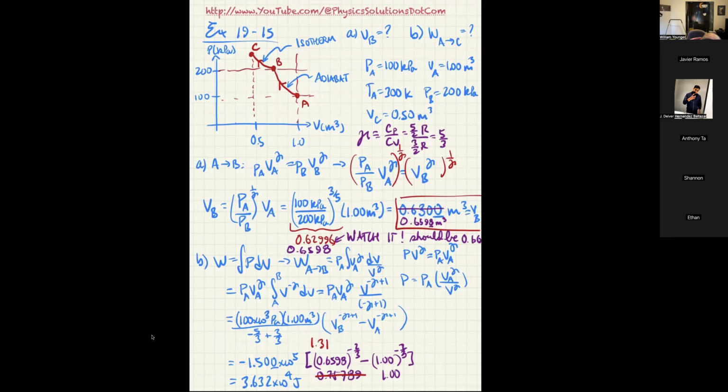That might have been the problem. And this one's just 1.00. And it is to the negative two-thirds, right? So negative five-thirds plus three-thirds is negative two-thirds. So that does seem right. But that would give me a negative amount of work too, wouldn't it? Oh, I forgot that negative sign to begin with.